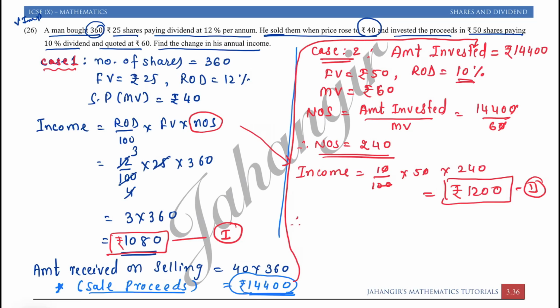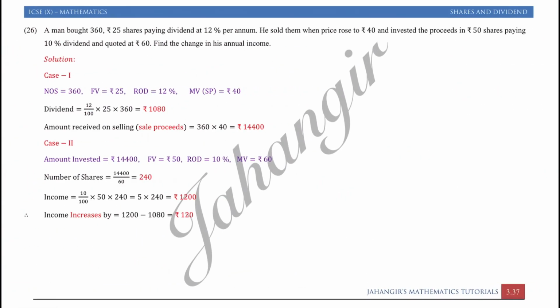So here we write: therefore, income increases by rupees 1200 minus 1080, which is rupees 120. This is the change in income, but you have to write 'increase'. Here the same sum has been done in a proper format. You have to write all the steps in your notebook.